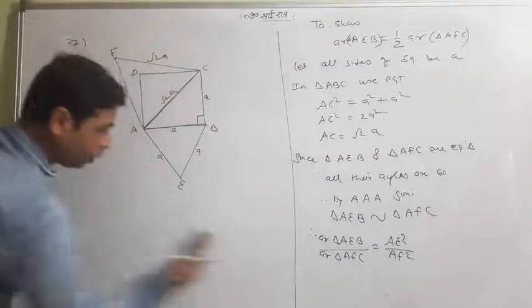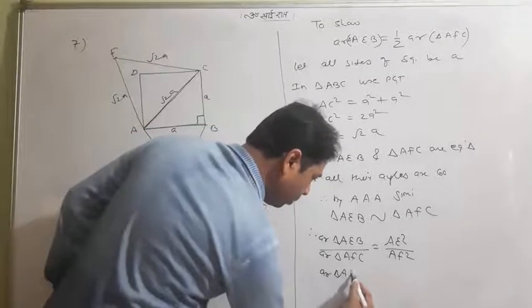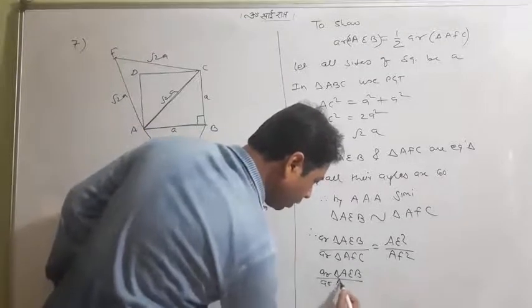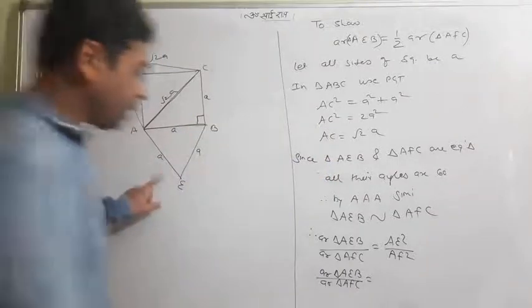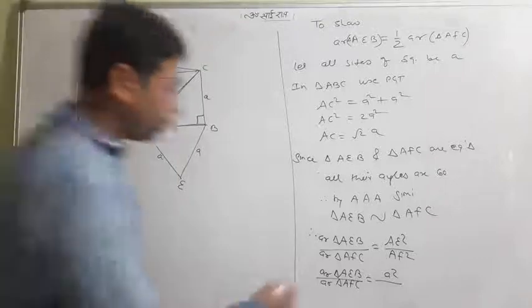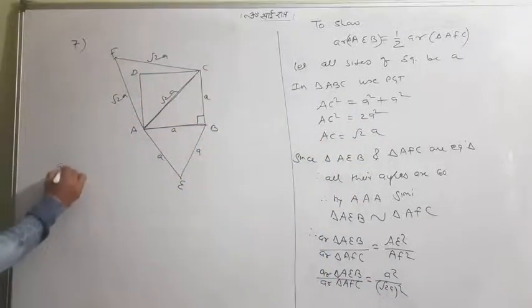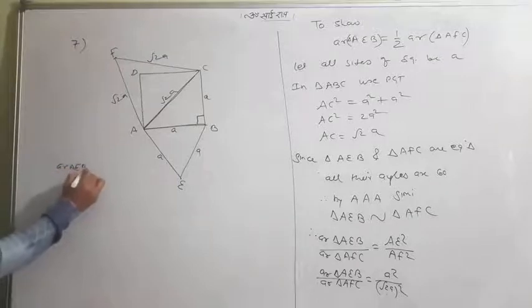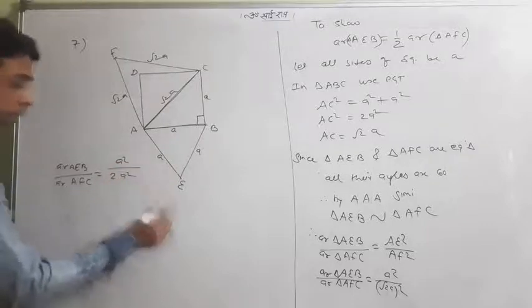Now let me rub this out. Area of AEB upon area of AFC is equal to AE square upon AF square. Look at it, AE is a, and AF is root 2 a. So area of AEB upon area of AFC is equal to a square upon 2a square.